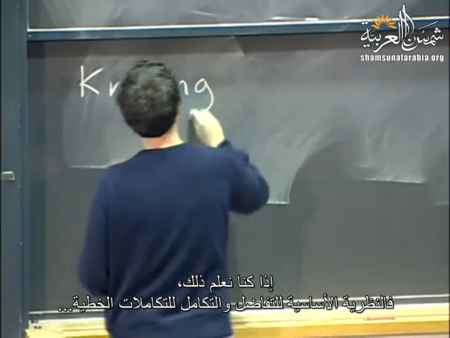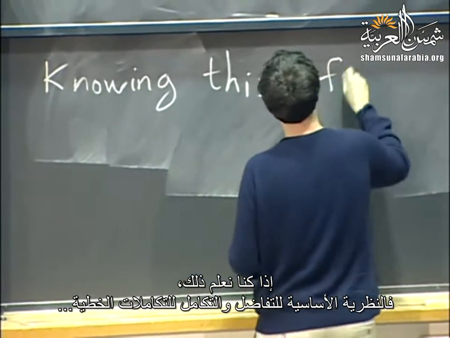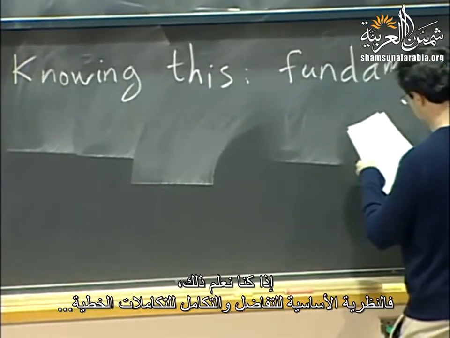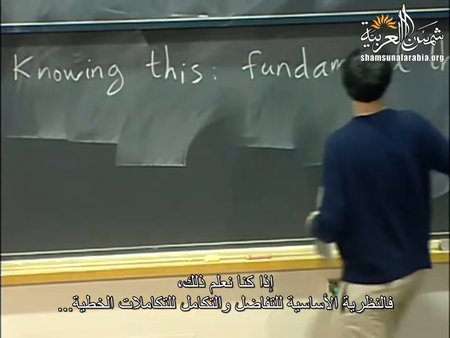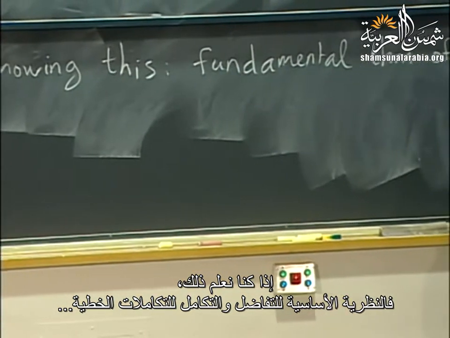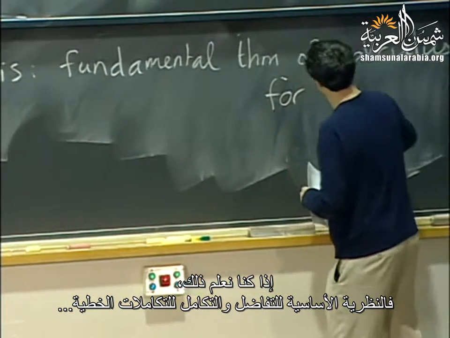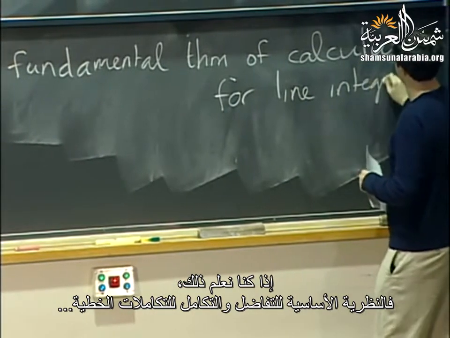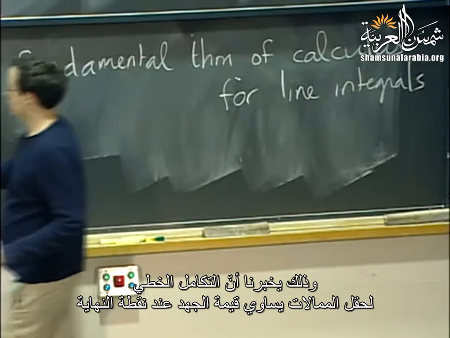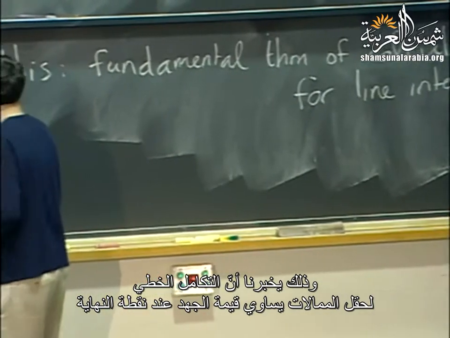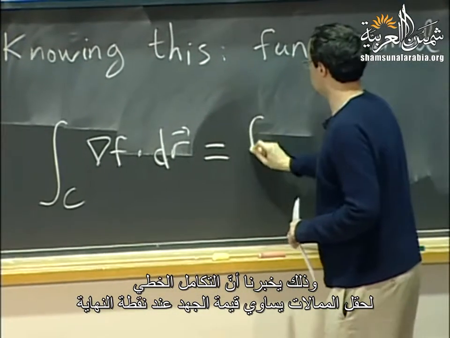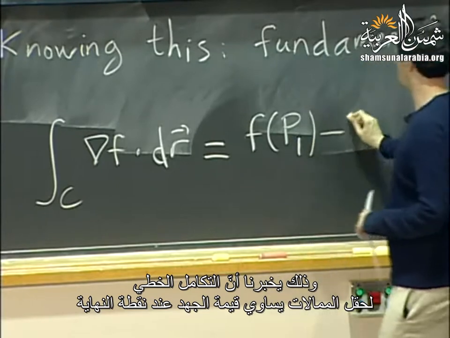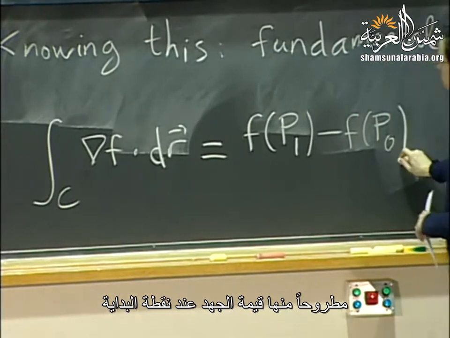So if we know the fundamental theorem of calculus for line integrals, that tells us that the line integral of a gradient field is equal to the value of the potential at the final point minus the value of the potential at the starting point.